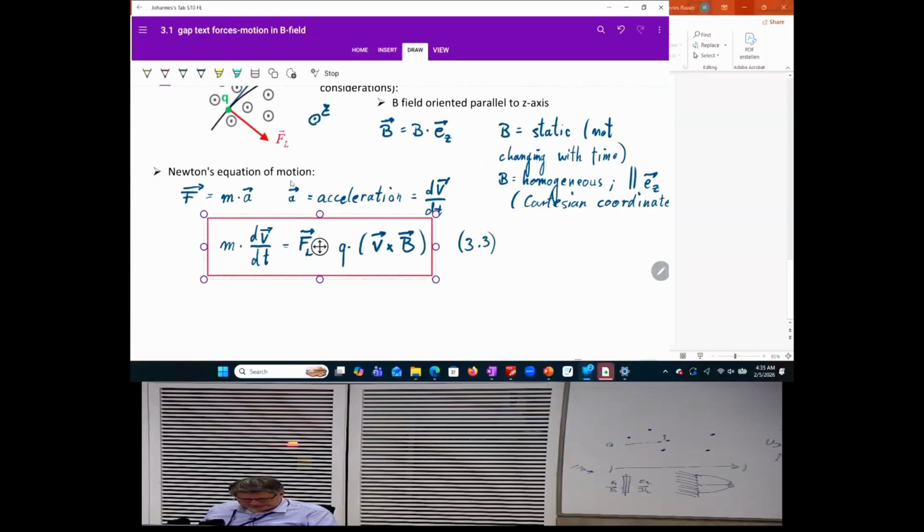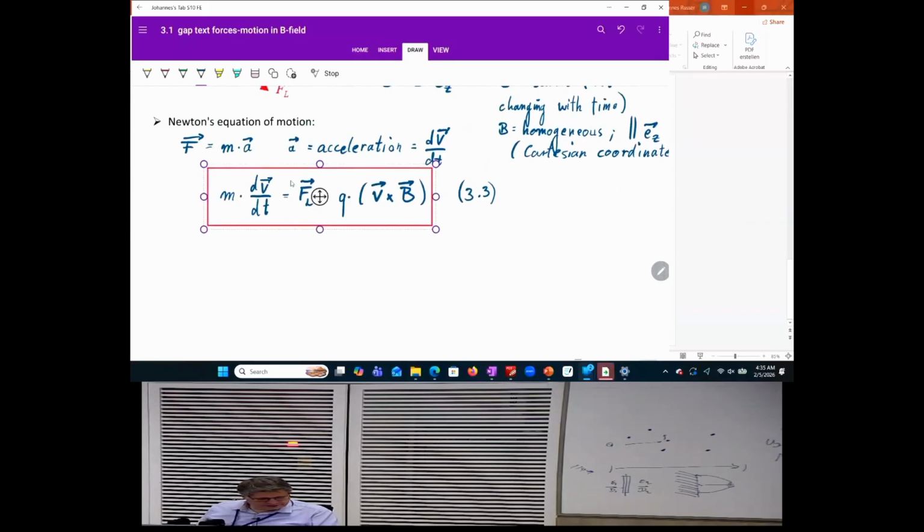So what is this cross product that we are using here? If you take the cross product of two vectors, I think we have also covered that in the mathematical recap, it gives you a new vector which is perpendicular to either of these vectors.